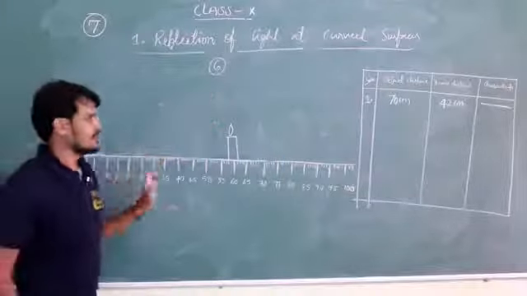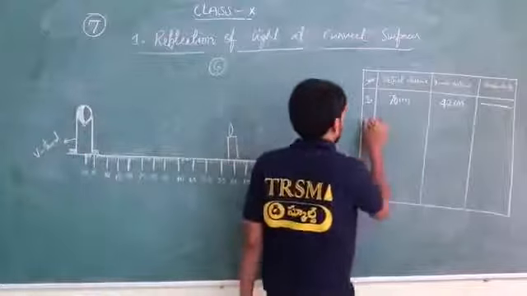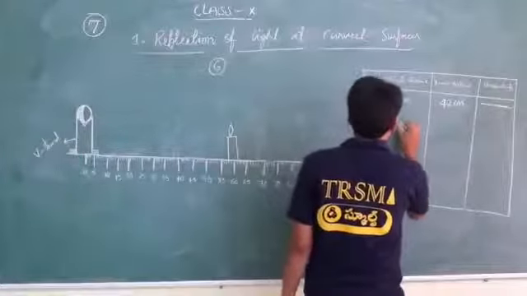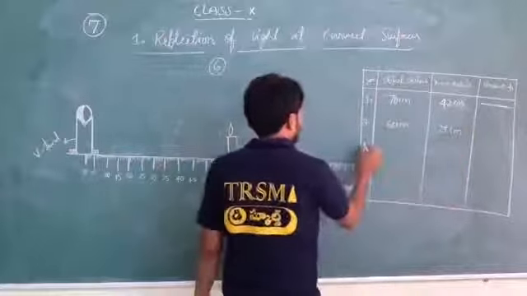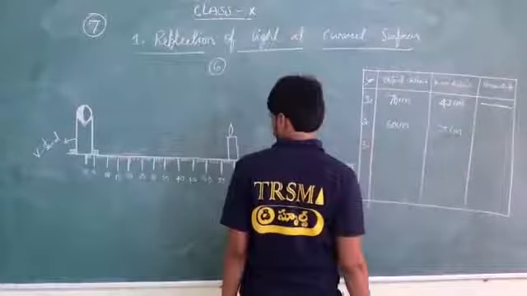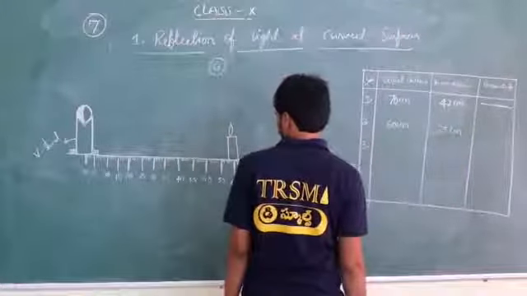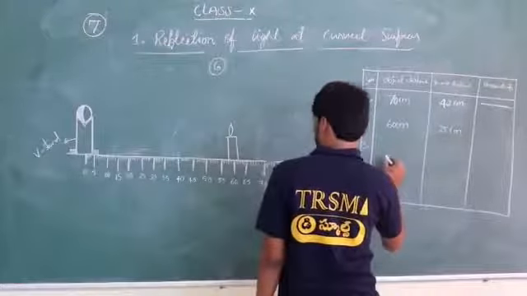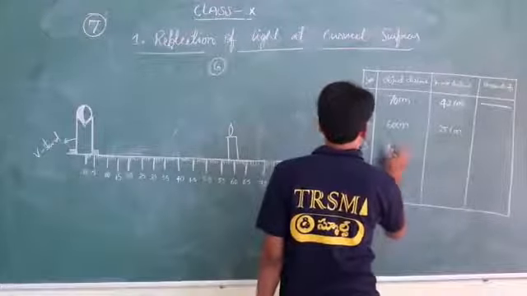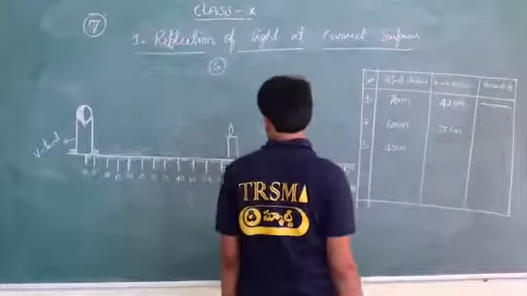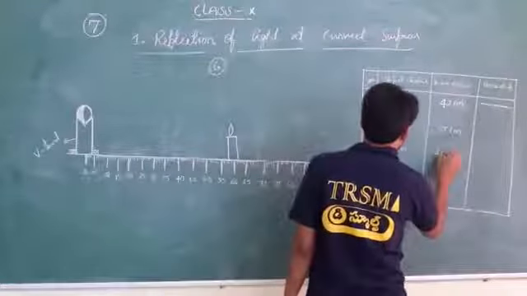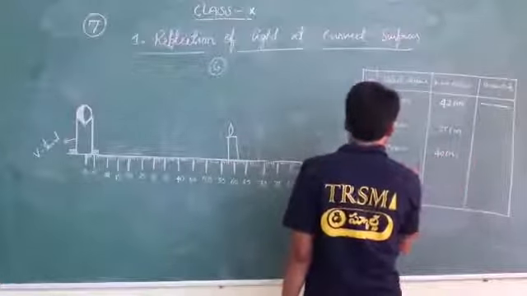Okay, finally, if you got the 6 positions, like for example in the second case I got 60 centimeters, in 25 centimeters I got the distance. In the third one, placing at 40 centimeters, the image also comes at 40 centimeters.